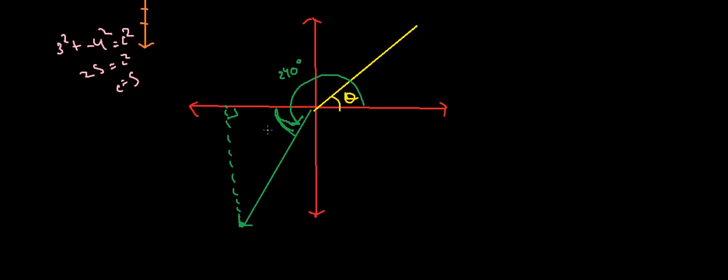So in this case, I'd use this angle. And if this was 240 degrees, I subtract 180, then this is 60 degrees. So I'd want to know the sine of 60 degrees, cosine of 60 degrees, tangent of 60 degrees. That's the angle I would use. And if I put 240 degrees into my calculator, it would give me the same thing. But in case I didn't know that, this is the angle I'm going to be using.